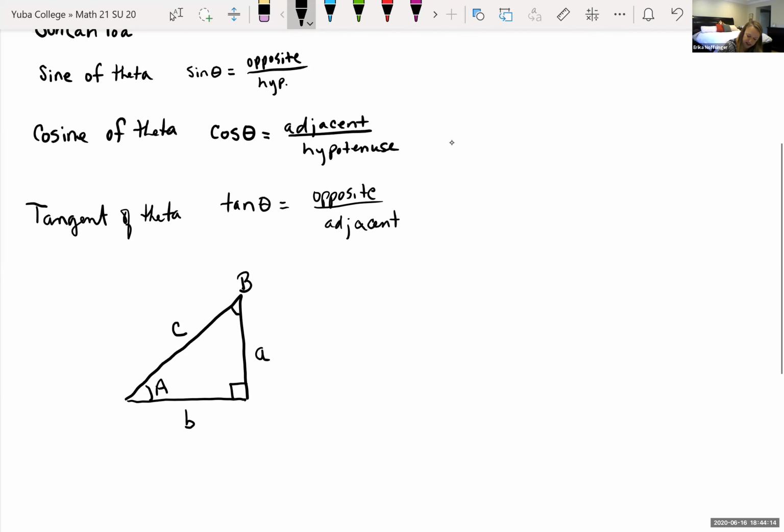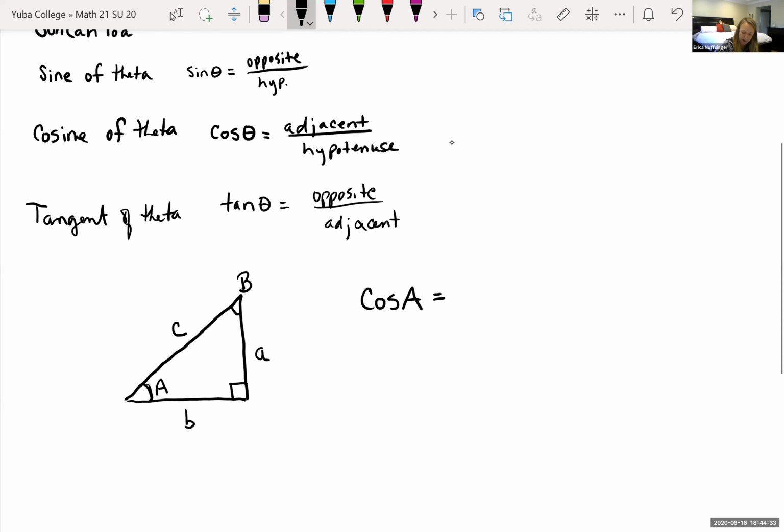If I'm looking at cosine of angle A, cosine is adjacent over hypotenuse. The adjacent side is the leg of the triangle that is not the hypotenuse and sandwiches that angle.